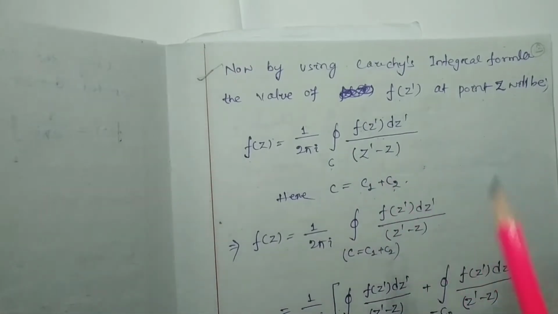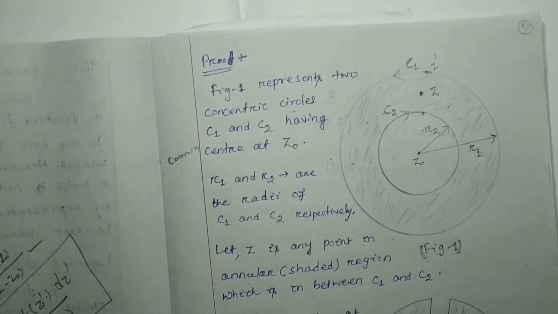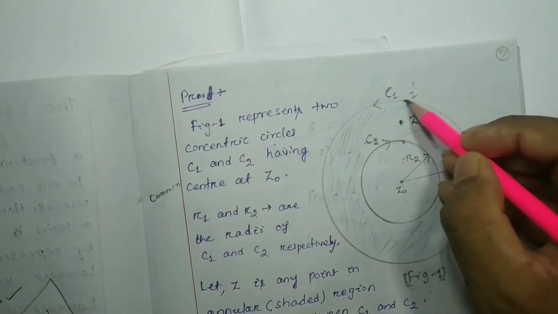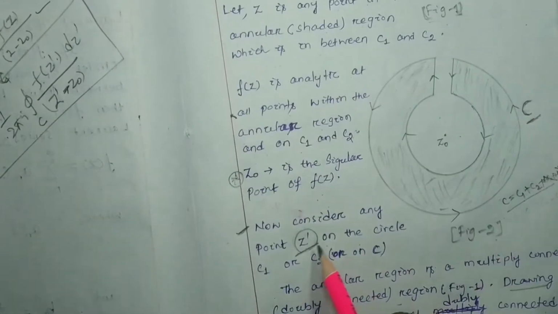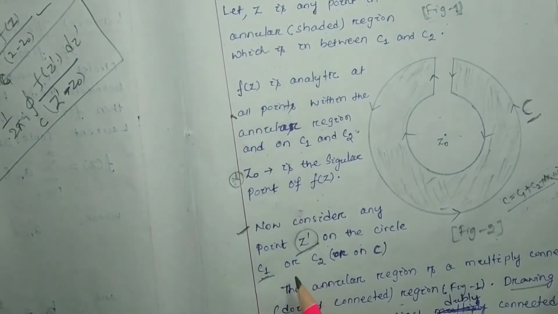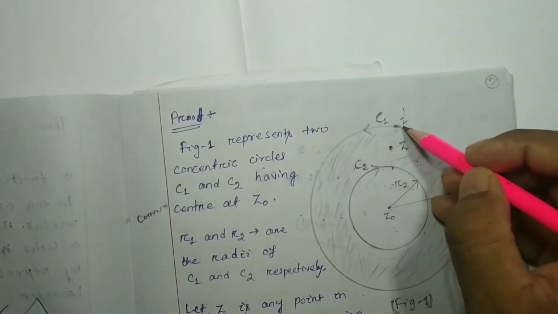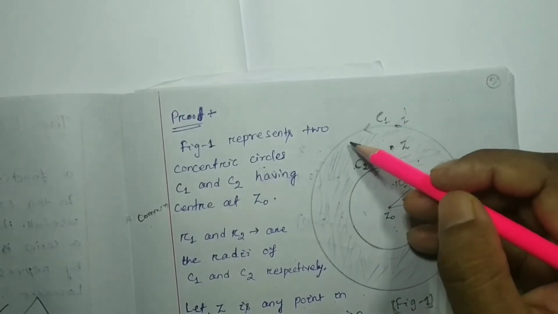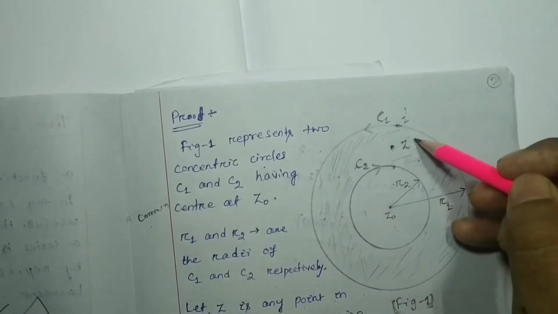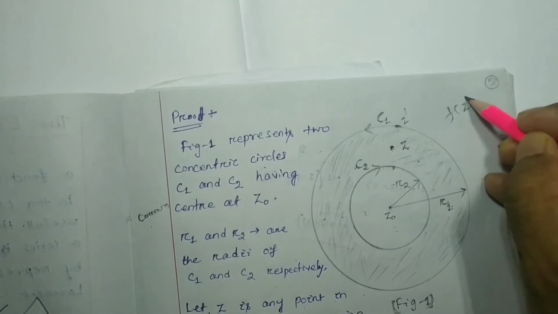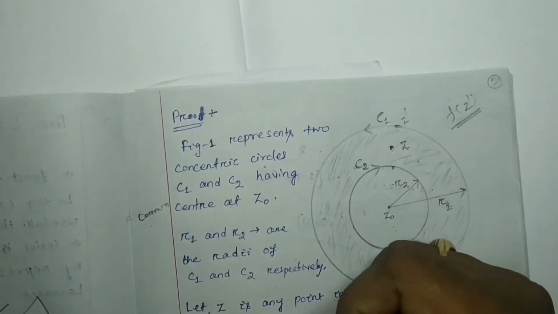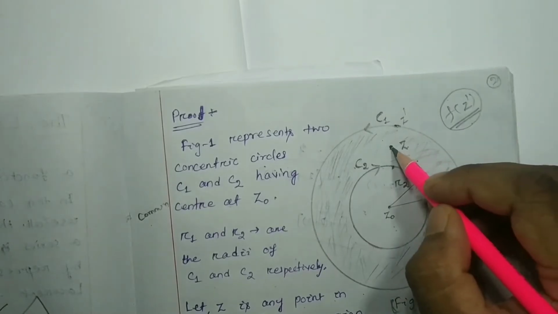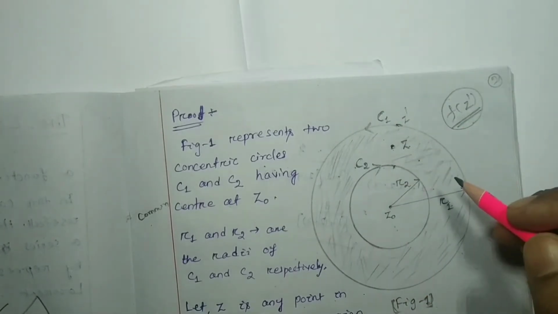Again, I am going to explain shortly: here we consider z' is any point on this circle C1. So if z' is the point, we consider that this circumference or the area below it belongs to the function f(z'), and at point z we are trying to find the value.